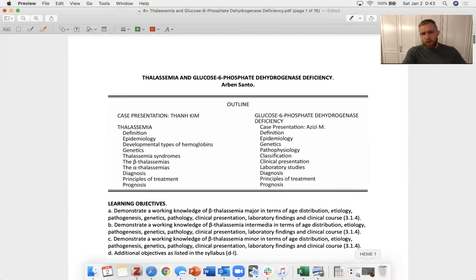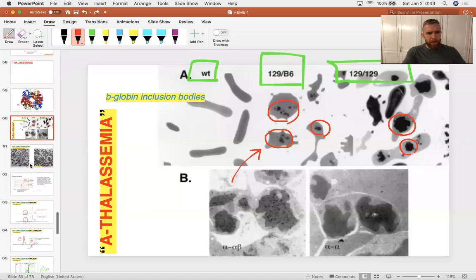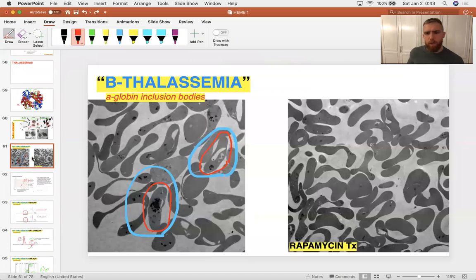I'm going to go back and point out one more thing here. We're realizing that we can treat thalassemias with rapamycin. So what is rapamycin? It's an mTOR pathway inhibitor. What's the mTOR pathway? Well, the mTOR pathway activates whenever you need to synthesize some proteins, okay?